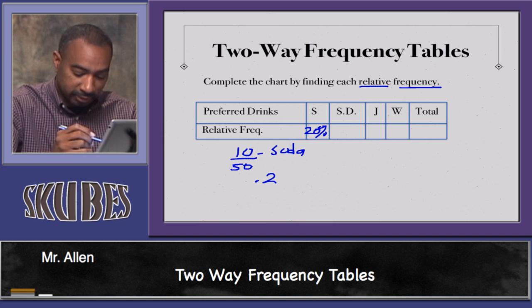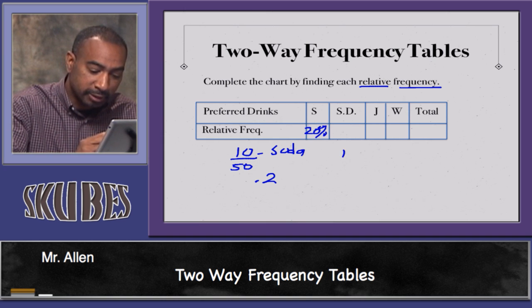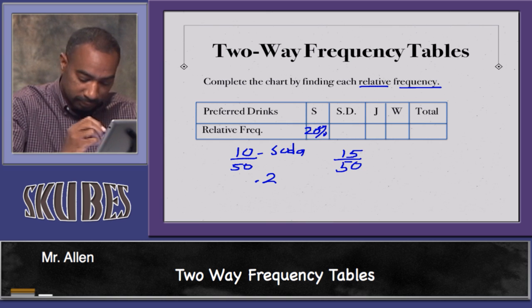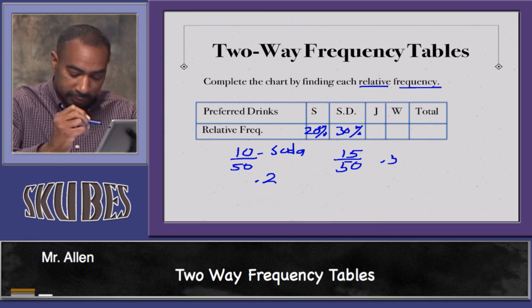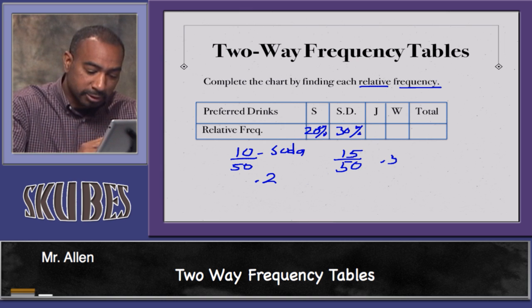And likewise, we go down the list. There were 15 that drank sports drinks. You divide that by 50. And that gives you 0.3, which means 30%. The students that drank juice were 7.